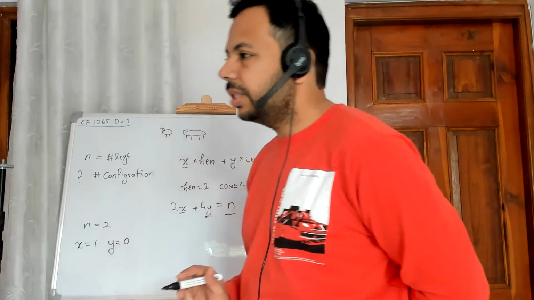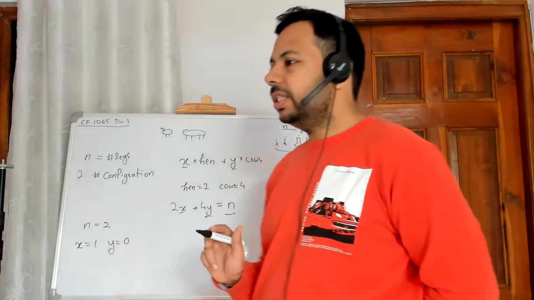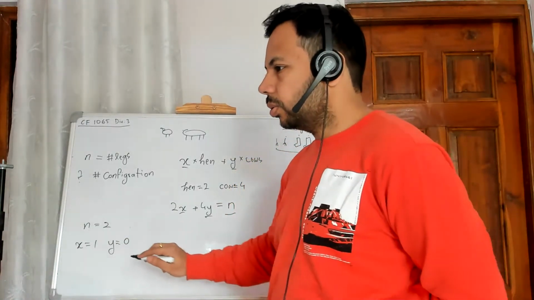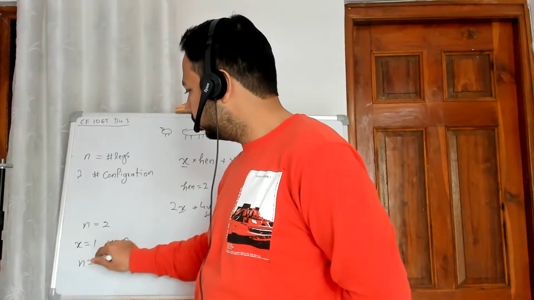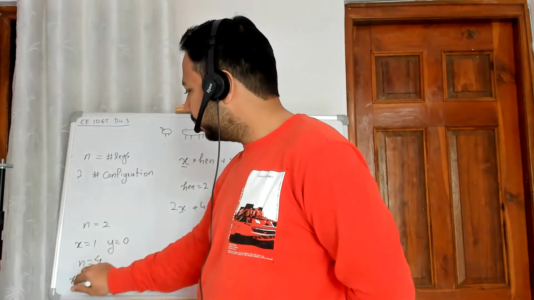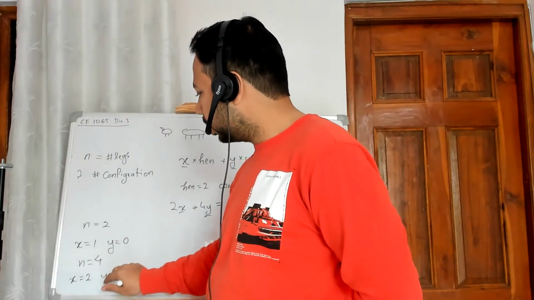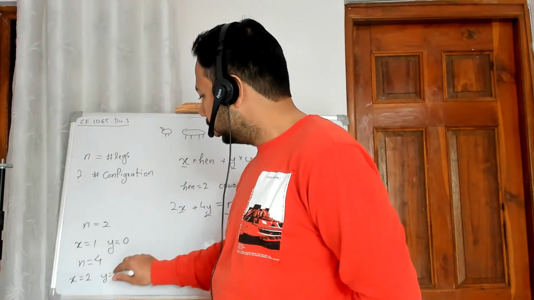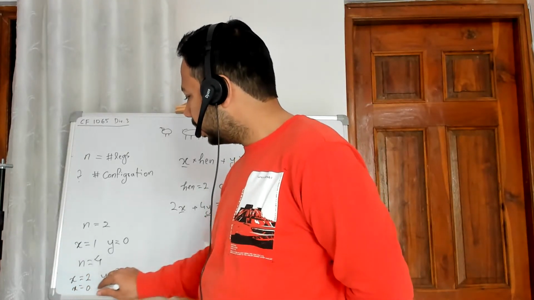There's no other combination possible. If n is equal to 4, then there are two combinations possible. There can be 2 hens and 0 cows, or there can be 0 hens and 1 cow.